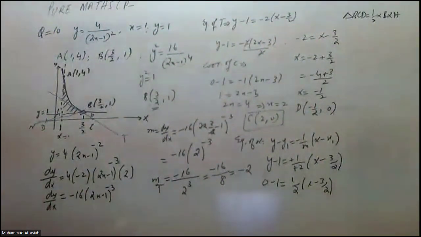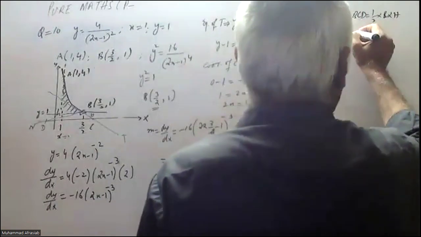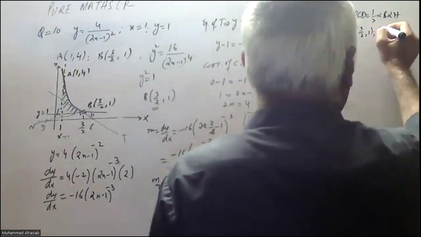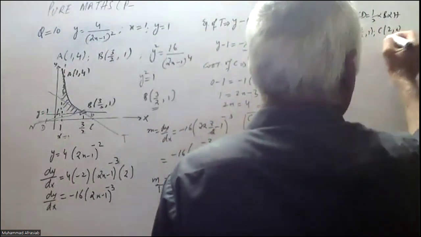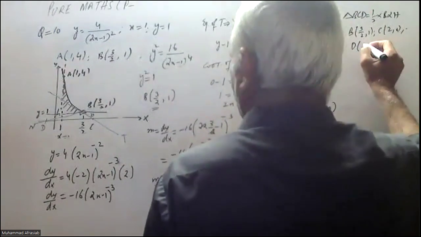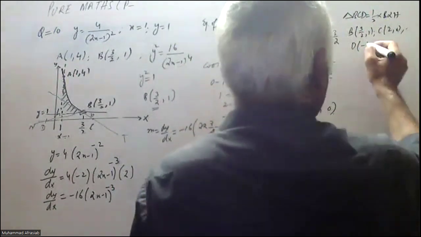So B coordinate is 3 by 2 and 1. C coordinate is 2 and 0. And D coordinate is minus half and 0.